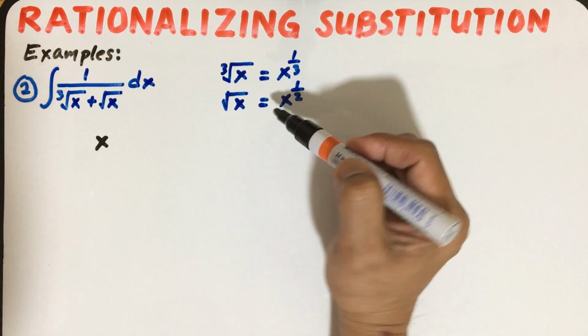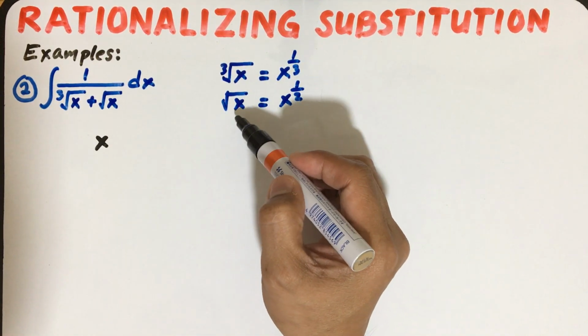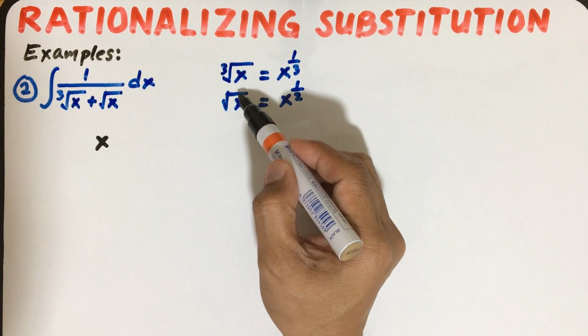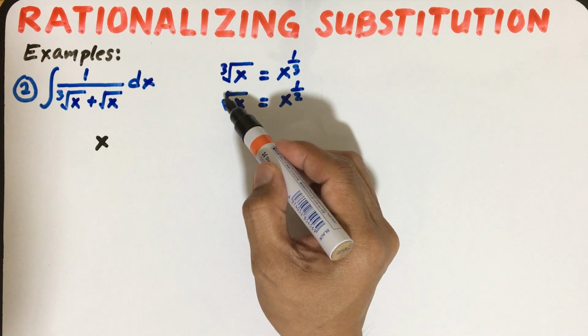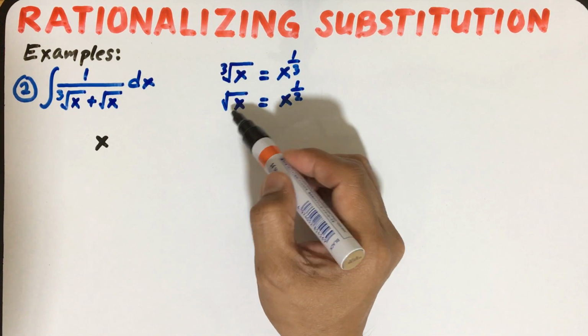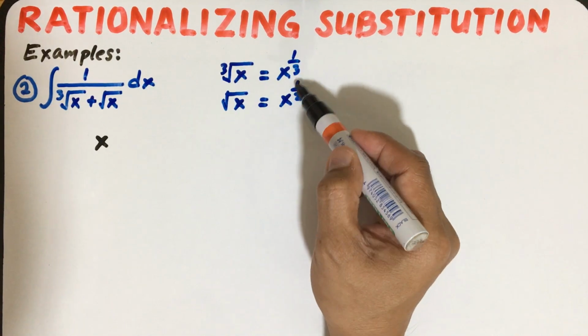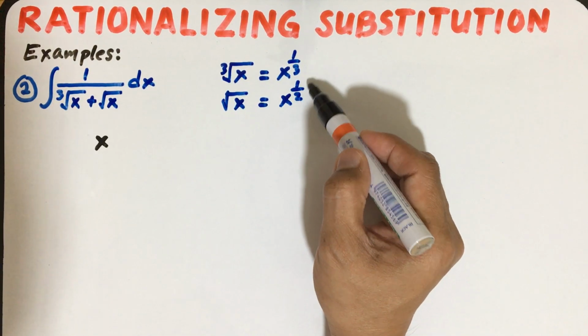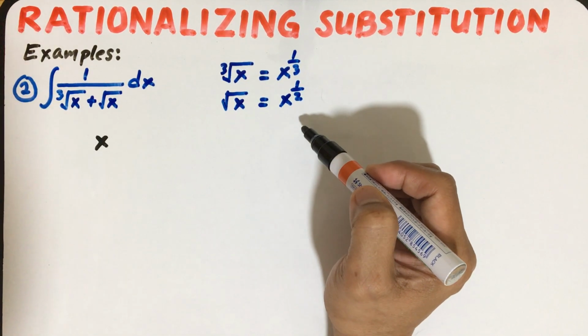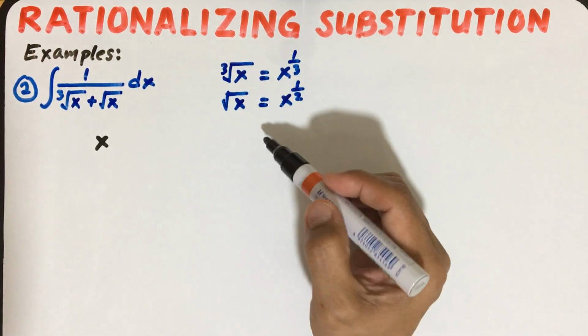And similarly, to eradicate the square root, you have to raise this to power 2, so that x to the power 1/2 raised to power 2 will be x. But how to do that?